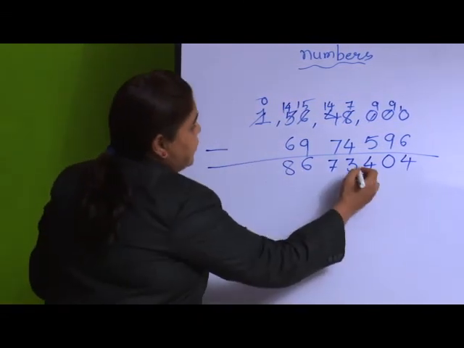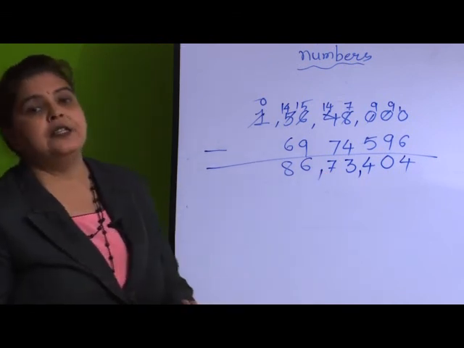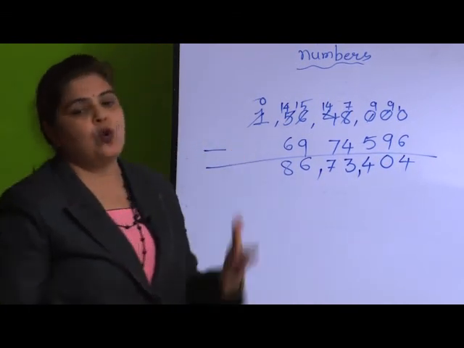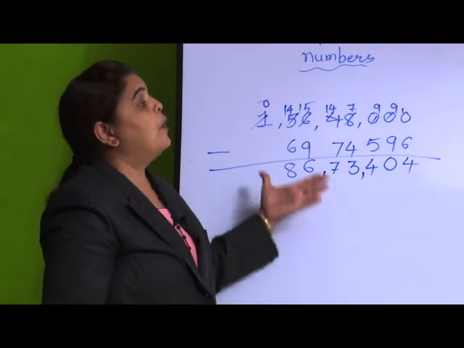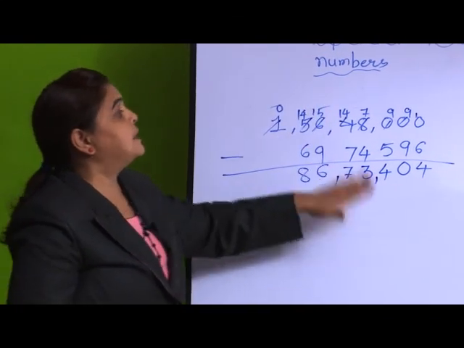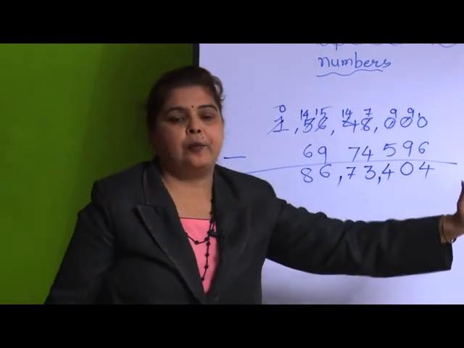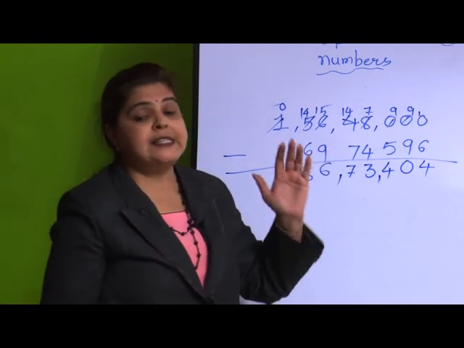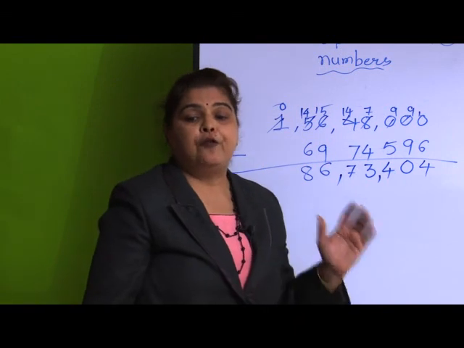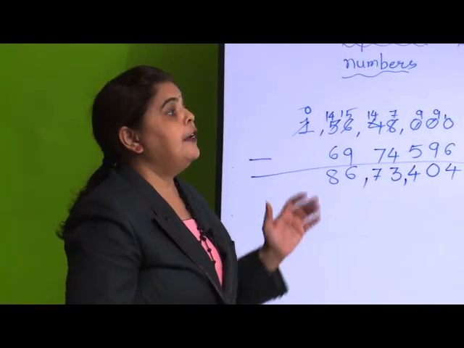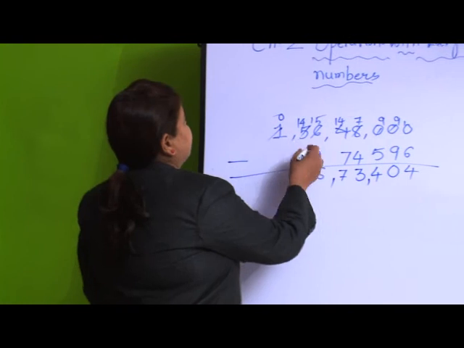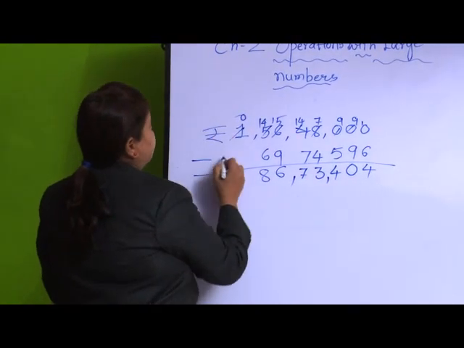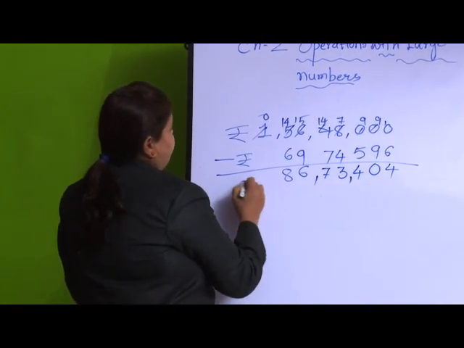So after 3 digits, after 2 digits, I have to insert a comma, so I can read out how much money was saved by the supermarket having an expenditure of 69,74,596. When it is rupees, you have to write rupees, and here also we have to write rupees.